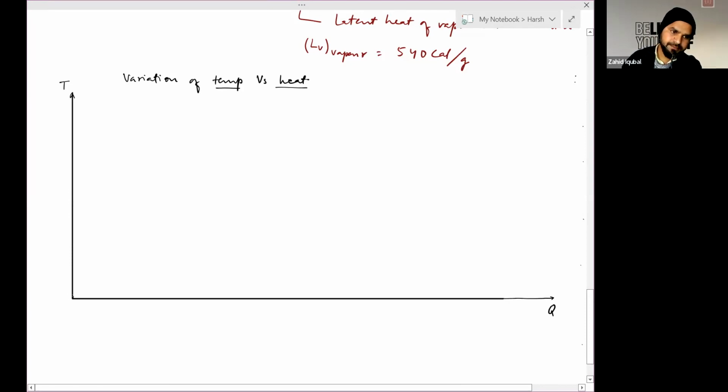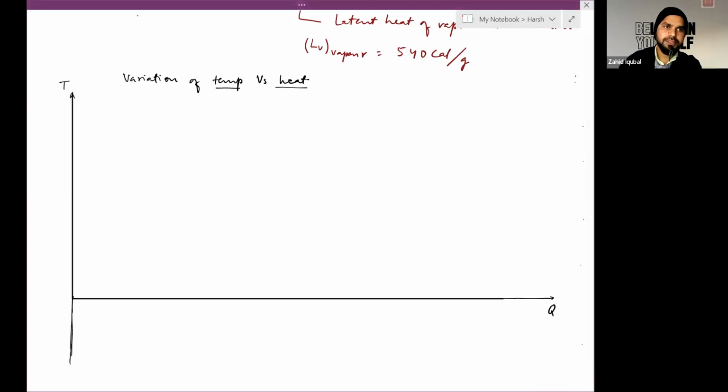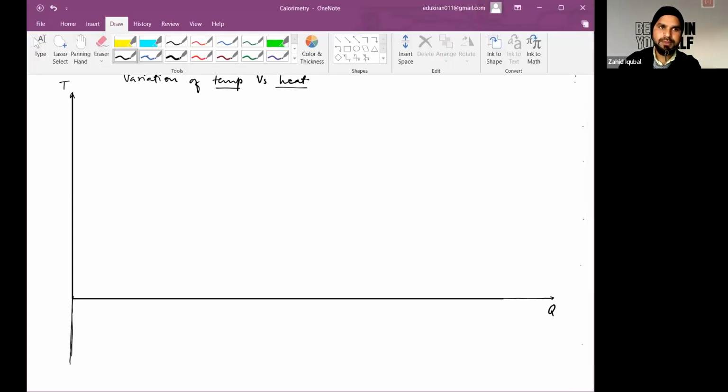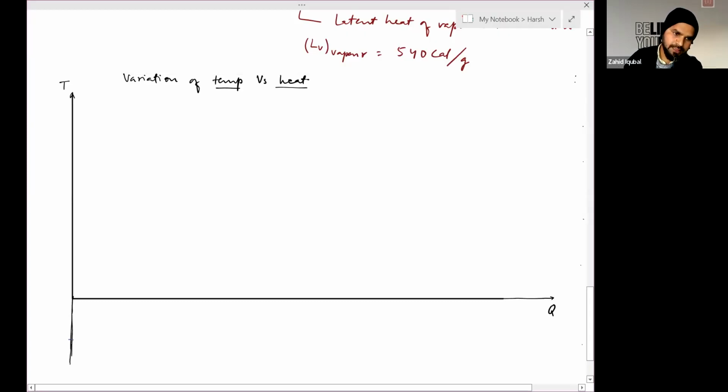Initially, suppose ice is at some low temperature, minus 10 degrees Celsius, minus 20 degrees Celsius. Let's say at this point, ice is at minus 10 degrees Celsius. So if you supply heat to this ice, it will tend to increase its temperature.